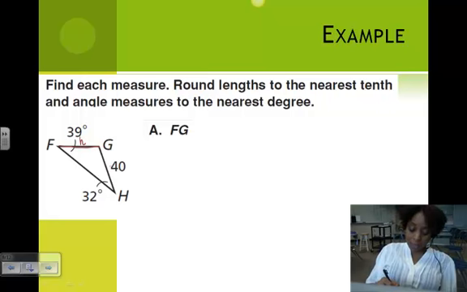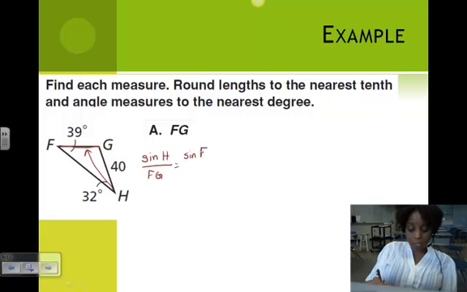And we have 40, well, we don't need to give it a name. Let's see, we can do the sine of H over the side that it's across from, which is FG, equals the other angle we have, angle F. So sine of F, and we need the side across from F, which is side GH.